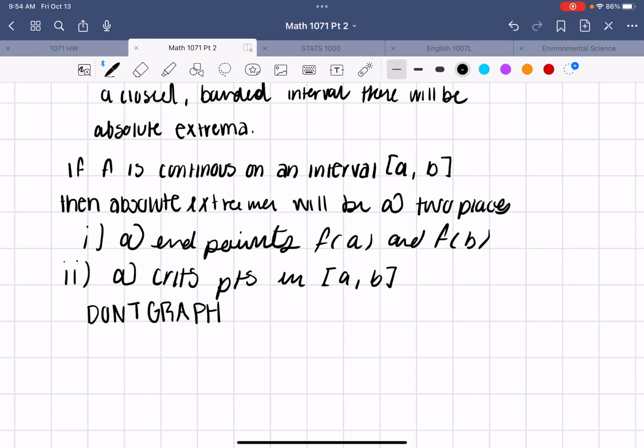And you don't have to graph the thing. Just plug them into F and see what's the largest, what's the smallest. So in a sense, these problems are a whole lot simpler.